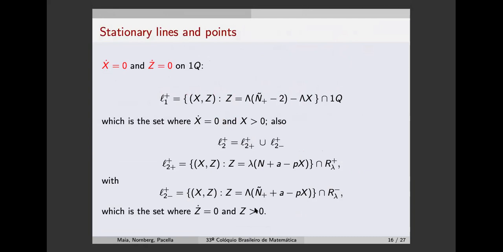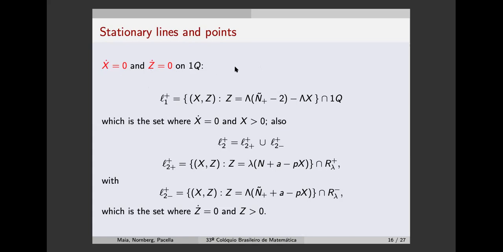So after identifying the horizontal line which separates the phase plane into two regions of concavity, we go forward in the study of the stationary points for the dynamical systems. In order to study the stationary points, we have to see where z dot is 0 and x dot is 0.